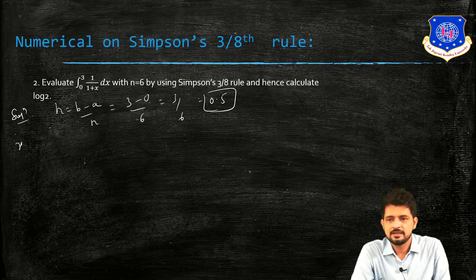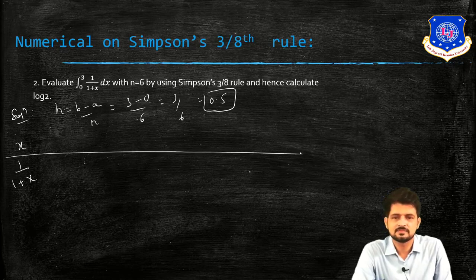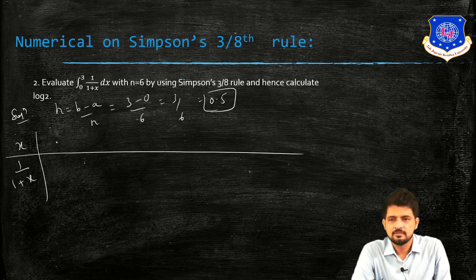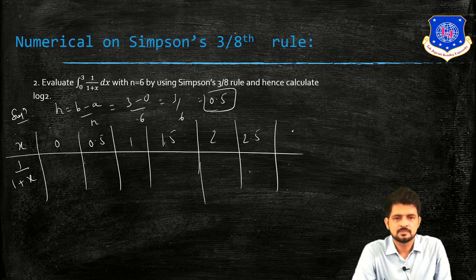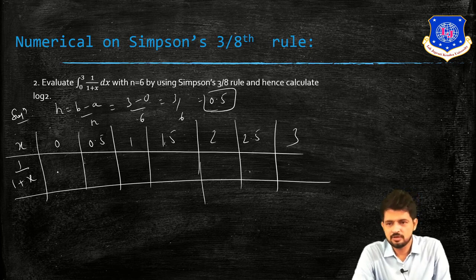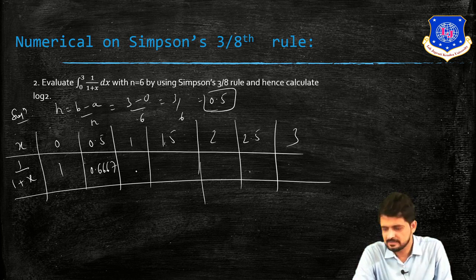x, and here it will come 1 upon 1 plus x. We have to start from 0. Take the differences of 0.5. Find these values. 1 upon 1 plus x. 1 upon 1 plus 0 is 1. Then 1 upon 1 plus 0.5, 0.6667.